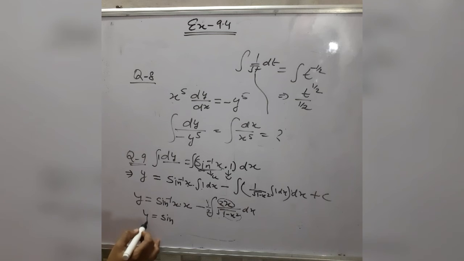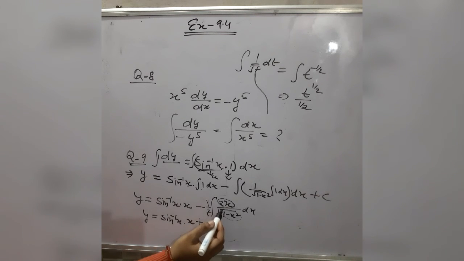So the integration will be y is equal to sin inverse x into x minus, it becomes plus 1 by 2 root t. Instead of taking it directly, I am putting the value in place of the integration of this, which equals root 1 minus x square plus integration constant c here.